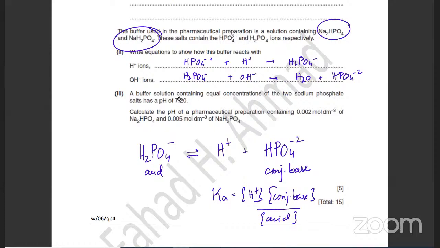Now this one is slightly tricky. They gave you two pieces of information. They told you that a buffer solution containing equal concentrations of the two sodium phosphate salts, yani equal concentration of this and this, has a pH of 7.2.